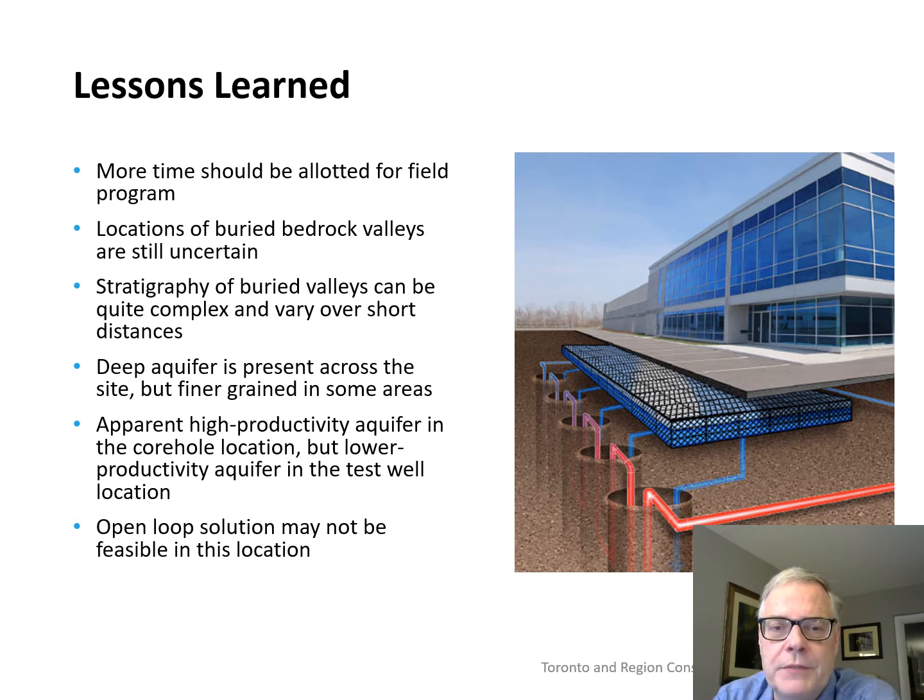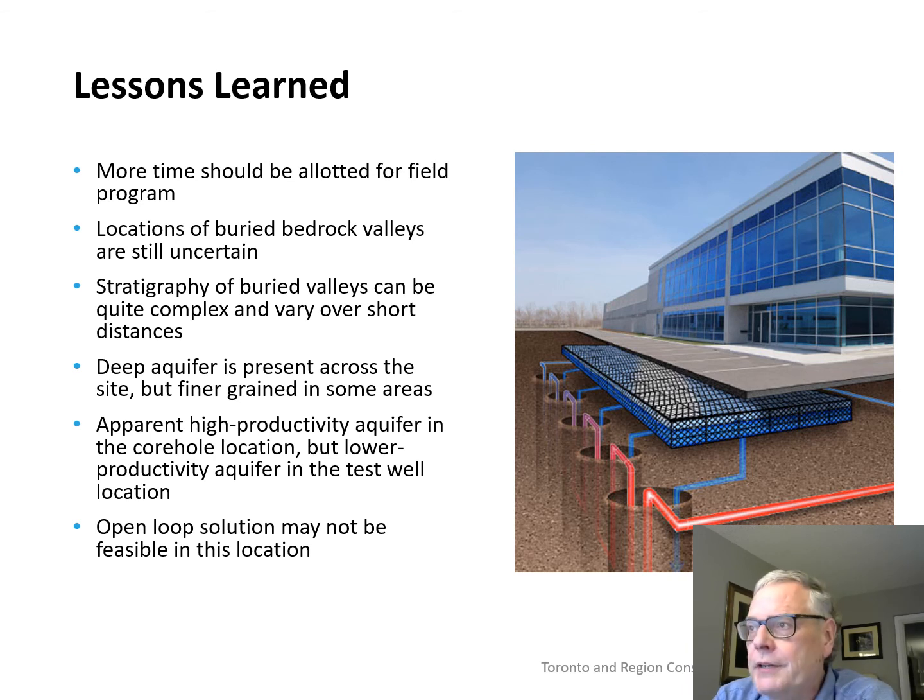Also, as we've seen from other sites, the stratigraphy of buried valleys can be quite complex and vary over short distances. So while we found relatively good supply in one area of the site, even though the site is not very large, where we put the test well was just a little bit finer and a lot less production in terms of capacity.